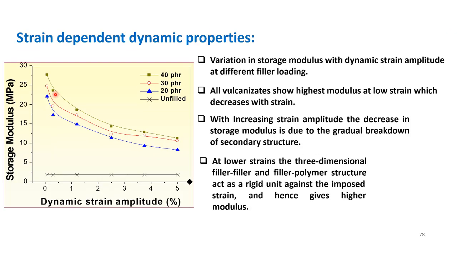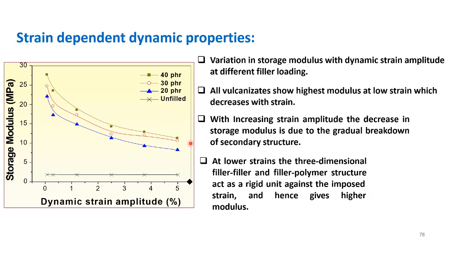Then the strain-dependent dynamic property. We are increasing the strain, and with increasing strain, the storage modulus is decreasing in all the cases. That means the property is dependent upon the strain amplitude. The variation in storage modulus with dynamic strain at different filler loading shows the highest modulus at low strain, and with an increase in strain, the modulus decreases.